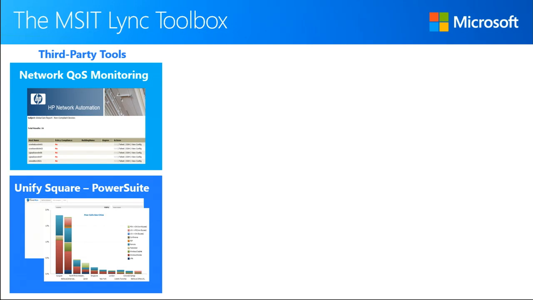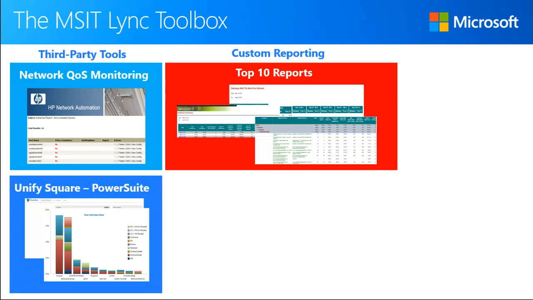But then we also had to go do some custom reporting. We built out what we call our top 10 reports. Top 10 worst subnets, because we tie it to our IP database. What were our top 10 worst gateways for traffic based off of QoE and CDR? What were the top worst wireless subnets, so that we can really start to go and trigger those.